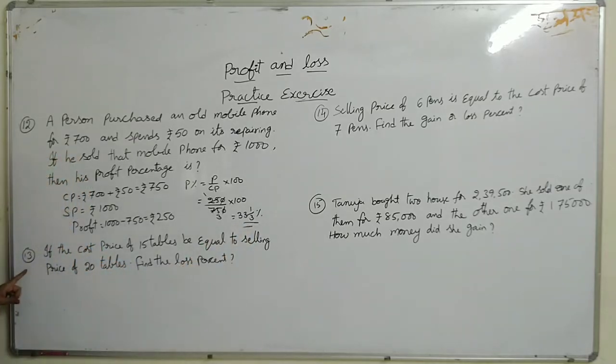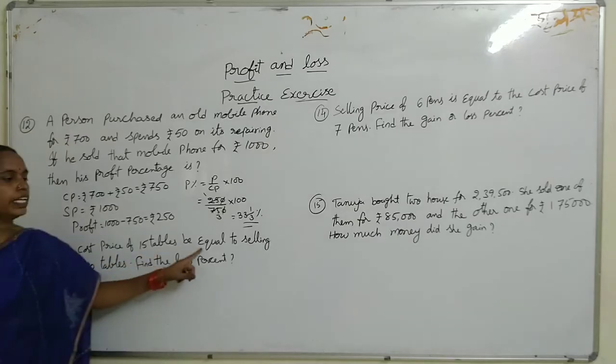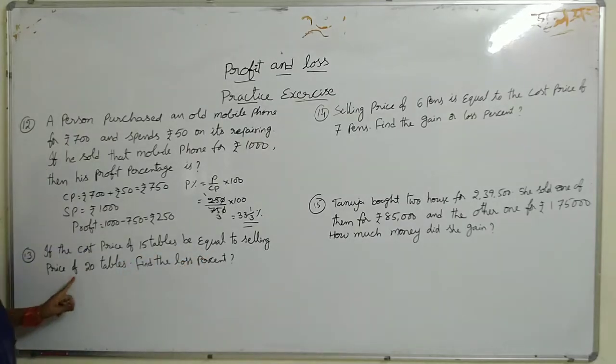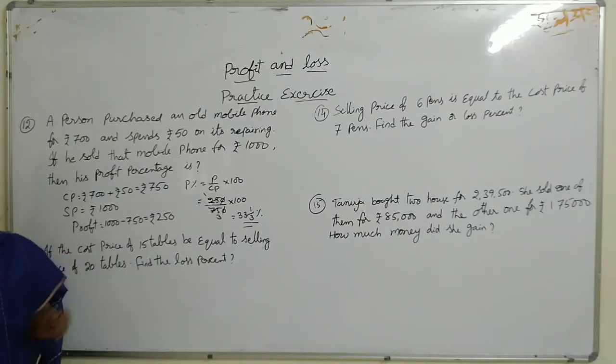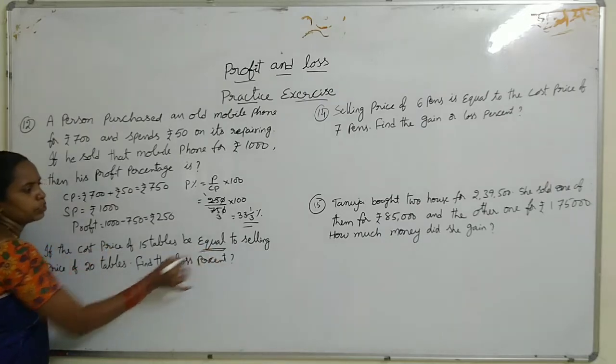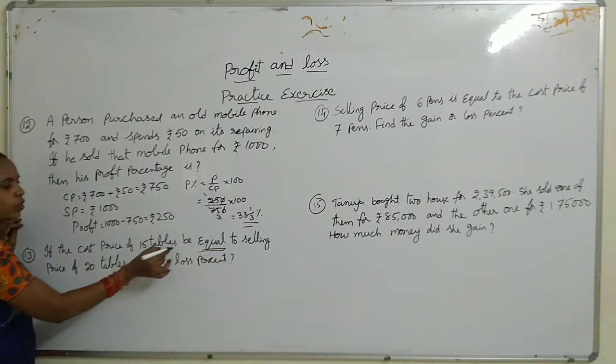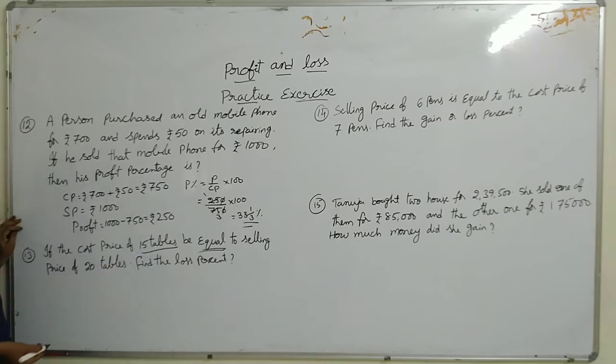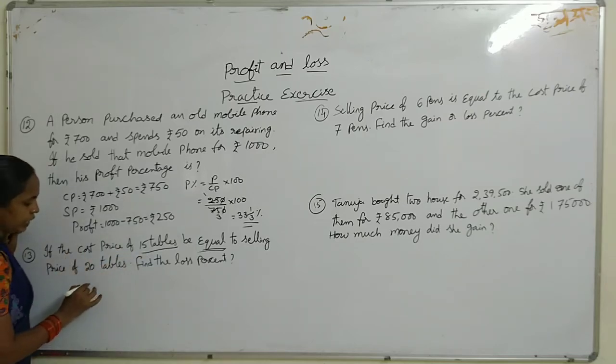Next. Question number 30. The cost price of 15 tables is equal to the selling price of 20 tables. Find the loss percent. Here, cost price is not given and selling price is also not given. They said both are equal. The cost of 15 tables equals the selling price of 20 tables.